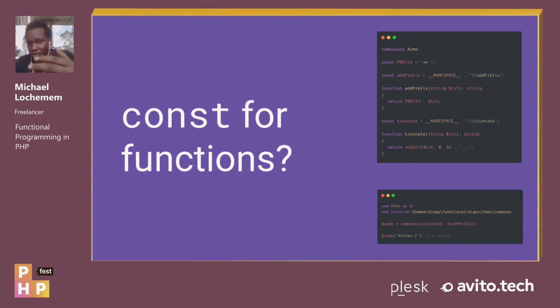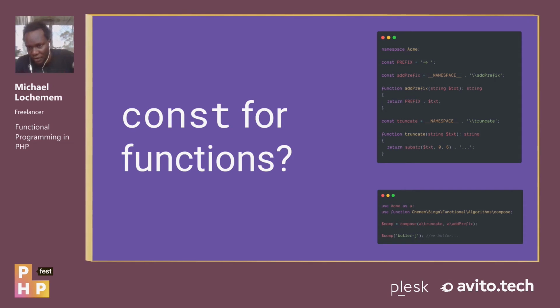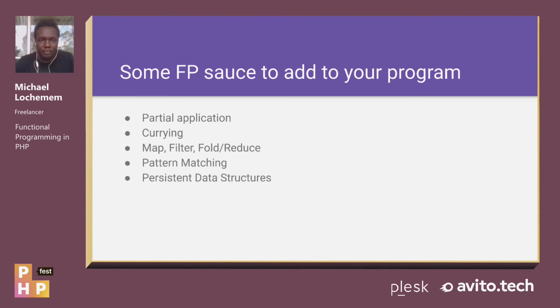So when I try to compose it, as you can see in the lower snippet, I can play around with the constants, which will still call the functions, and I can get the same result. I can effectively trim the string butler j to just butler, right?